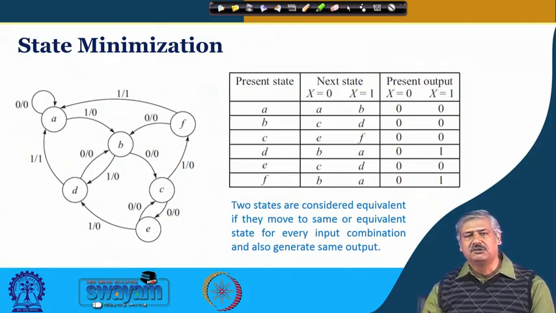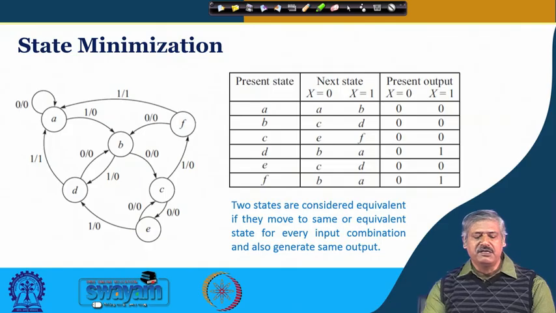The time complexity of the design and many other aspects will also be reduced. Is it fine? Remember, the minimized state transition diagram or state machine will give you the same input output relationship without any difference.